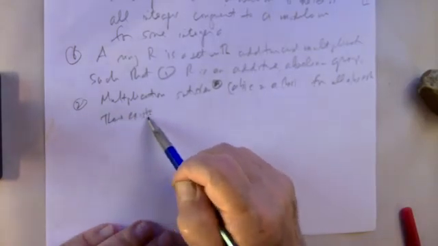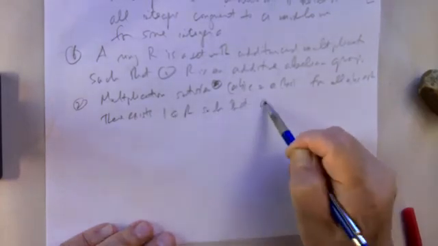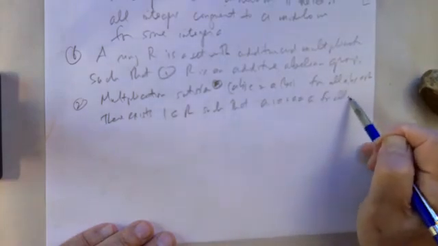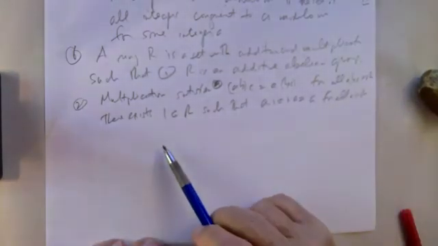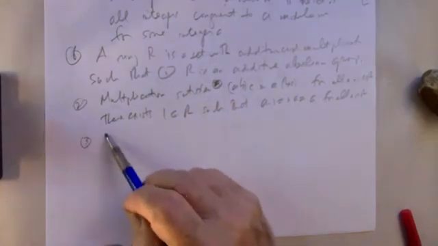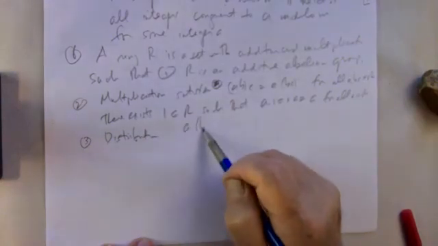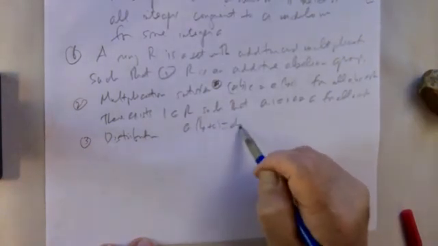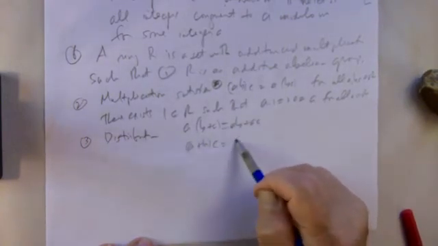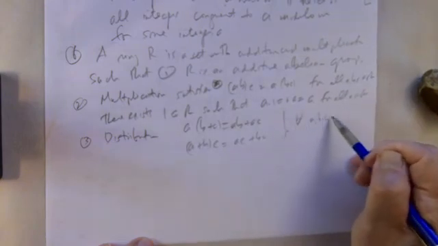There's an identity, I'll call it 1 in R, such that A times 1 and 1 times A equals A for all A in the ring. We don't assume that elements have multiplicative inverses, and we have the distributive law: A times B plus C is AB plus AC, and A plus B times C is AC plus BC for all A, B, and C in the ring.